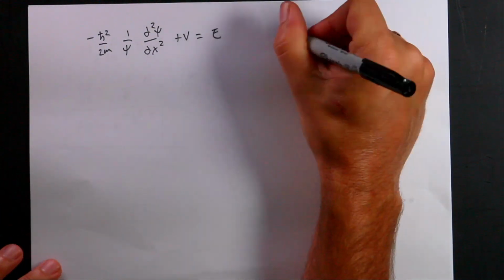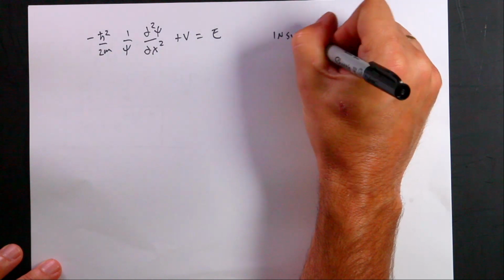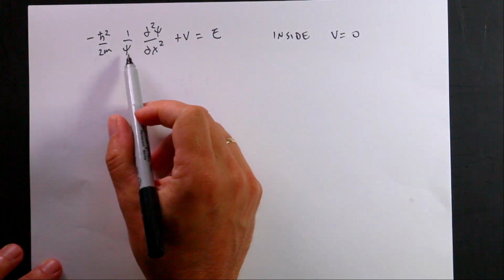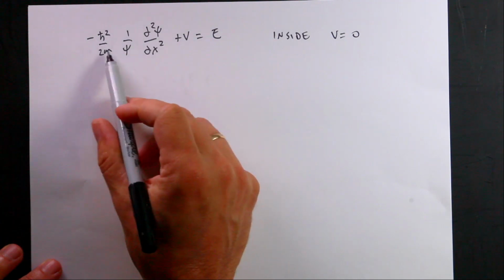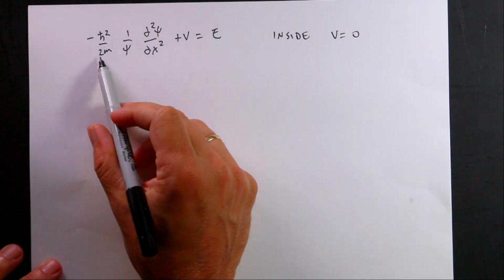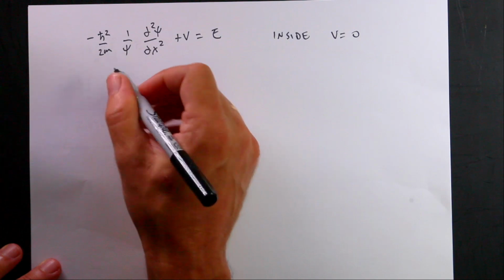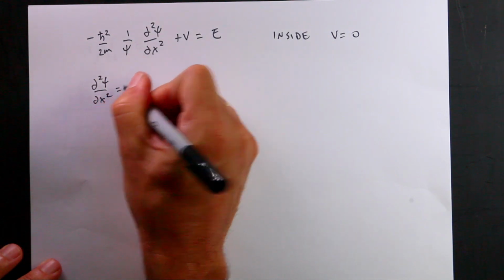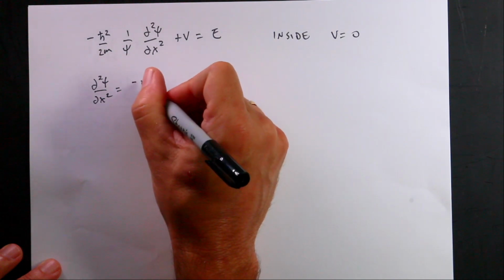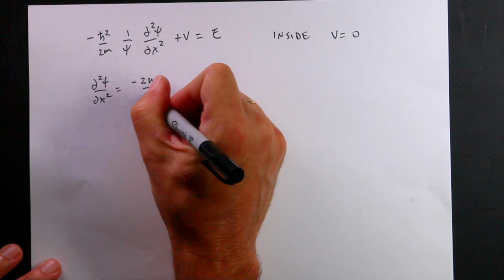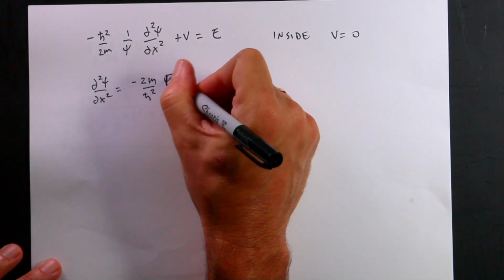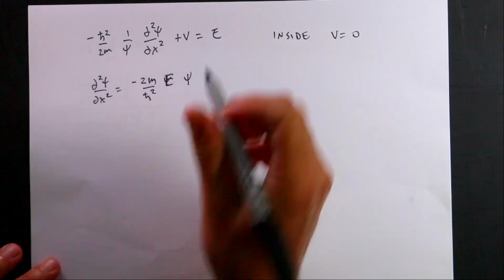Now, inside the well, v equals 0. So that's gone. So now I can solve this in the same way. I'm going to multiply both sides by psi and divide both sides by this term. So I get the second partial of psi with respect to x is going to be equal to negative 2m over h bar squared times E psi.